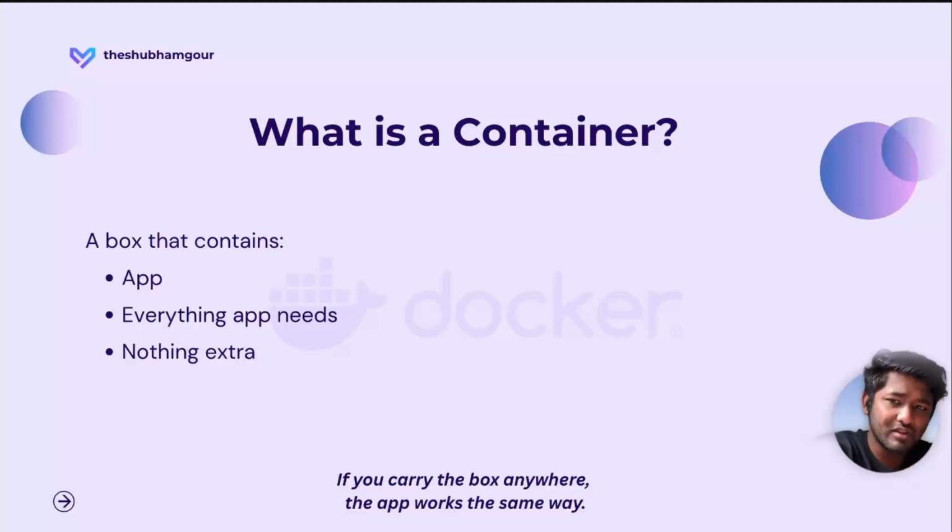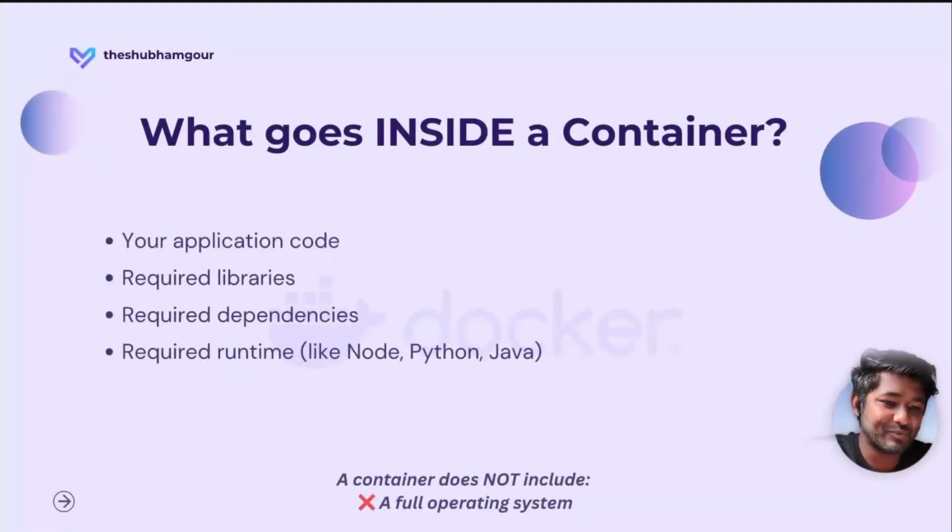Okay, now what is inside that container? Inside that container you have your application code, the required libraries, dependencies, and runtime like Node, Python, Java. A container does not include a full operating system, and that's what makes it different from a virtual machine. Because in a virtual machine you need a dedicated operating system, but with a container the resources are shared, right?